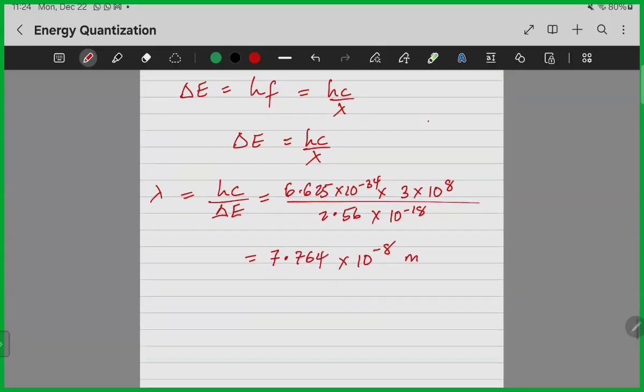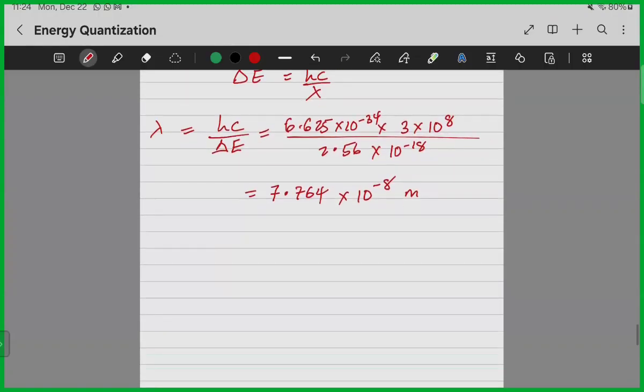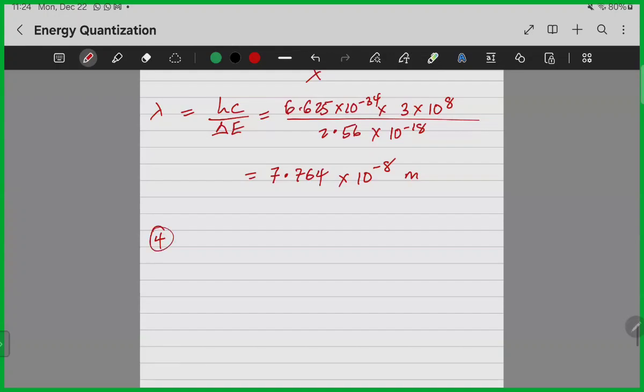Having established that, we are going to proceed to the fourth example, which is our final example for today.